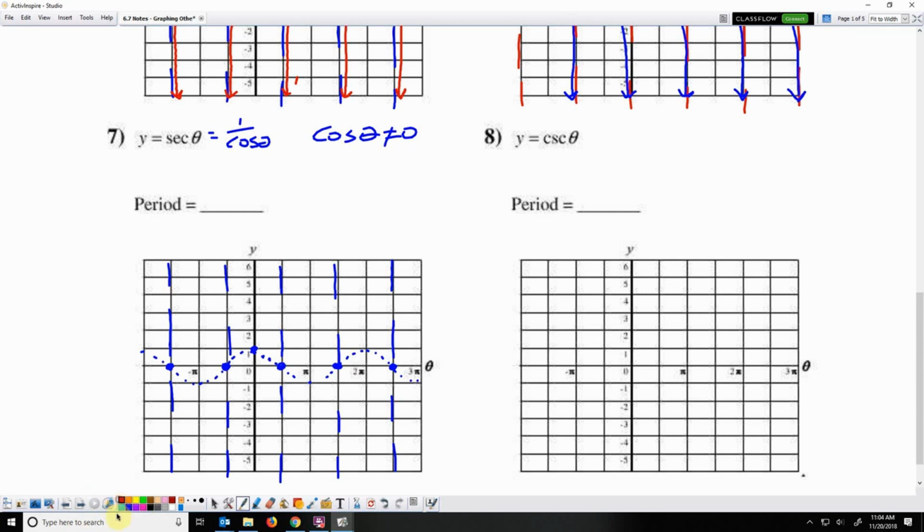This is going to look more like parabolas, and they're going to be going upward and downward at each vertex of that cosine wave. So there is our graph of secant theta.